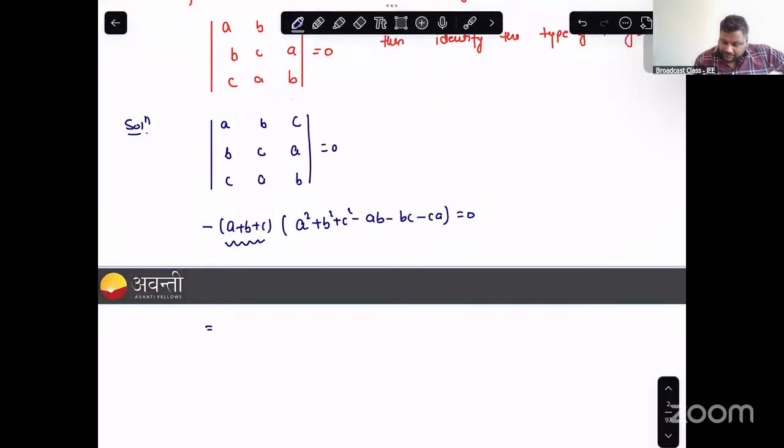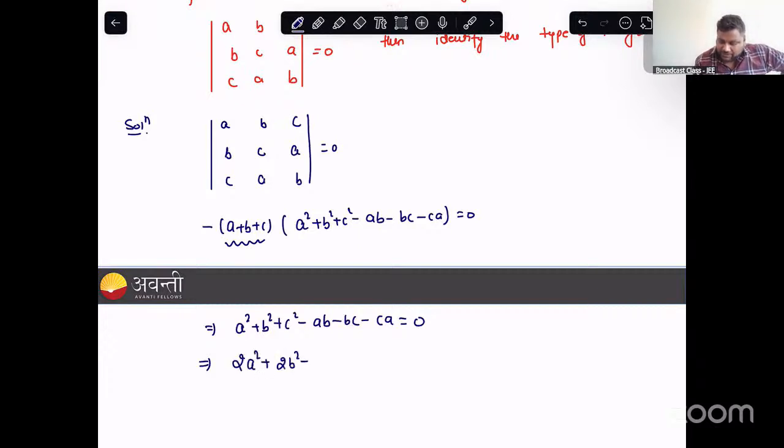That means A square plus B square plus C square minus AB minus BC minus CA will be 0. Now multiply this entire equation by 2. You get 2A square plus 2B square plus 2C square minus 2AB minus 2BC minus 2CA equals to 0, correct?